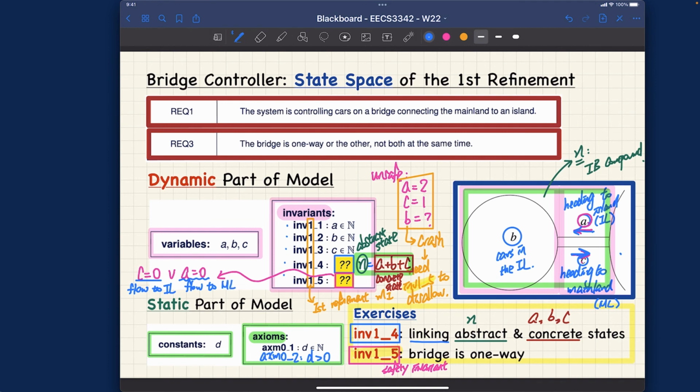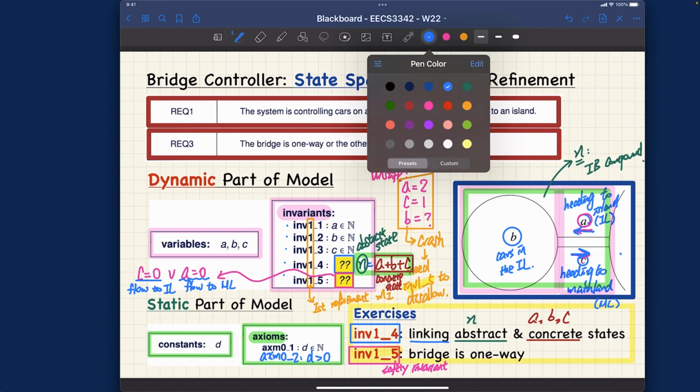So think about what can make this disjunction false. If C is not equal to 0 and A is not equal to 0, that's the only way to make this invariant false. In which case, that's exactly the unsafe scenario. Let me draw a final connection for you.